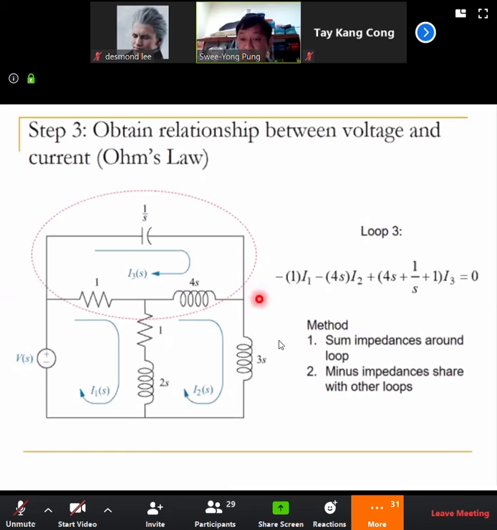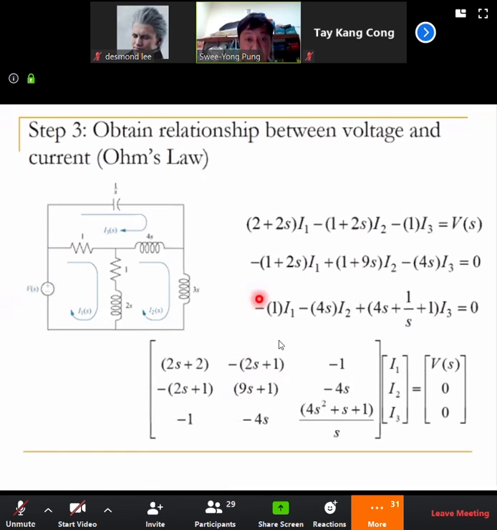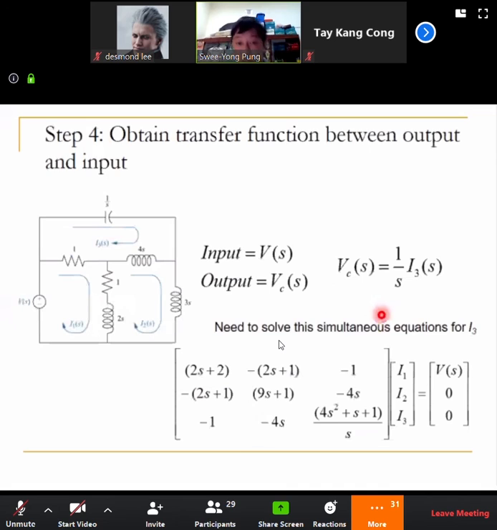So from here we have 3 equations. Again, we arrange them in a 3 by 3 matrix form, and we have to solve this using Cramer's rule. To solve 2 by 2 is relatively easy using Cramer's rule, but 3 by 3 and above is going to take some time.